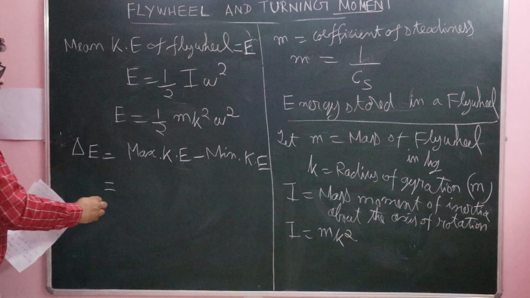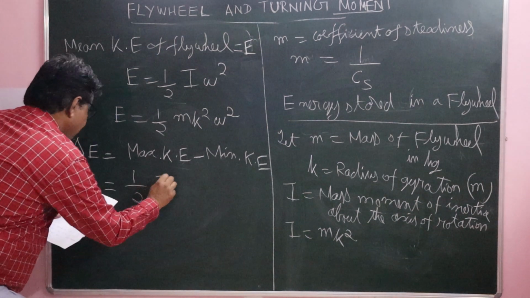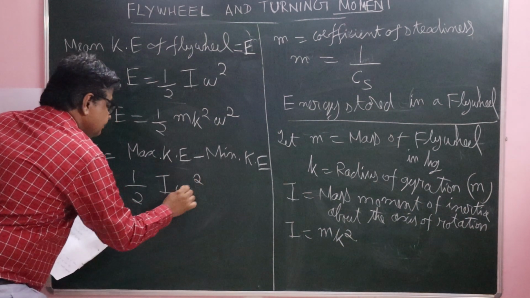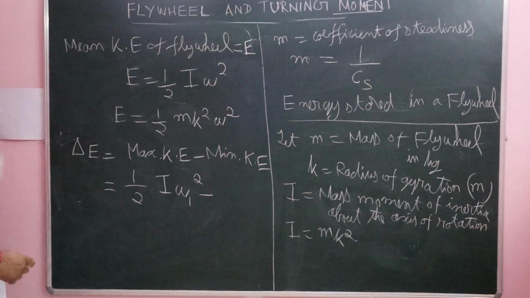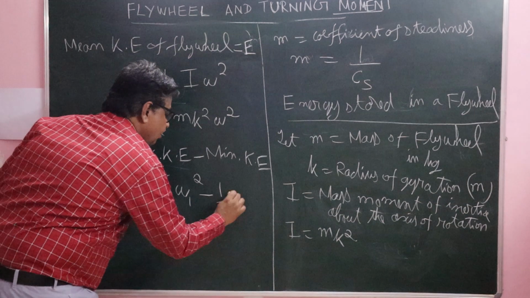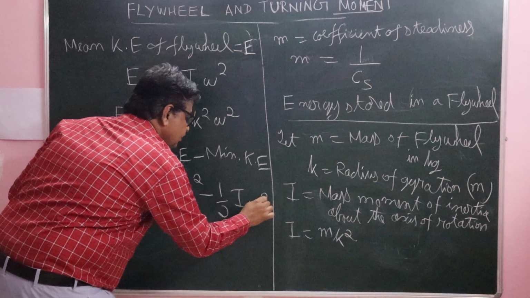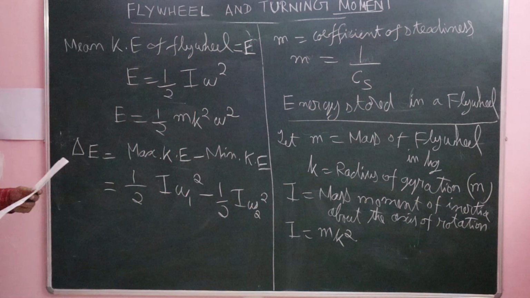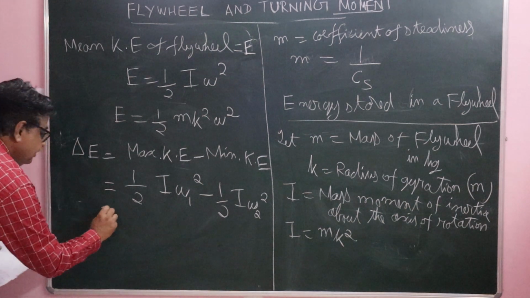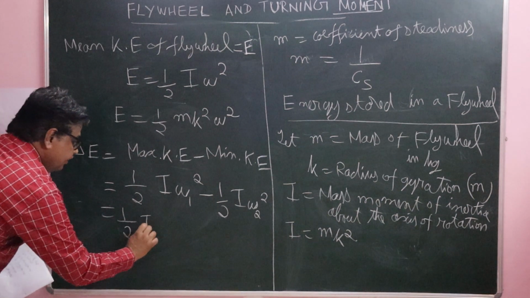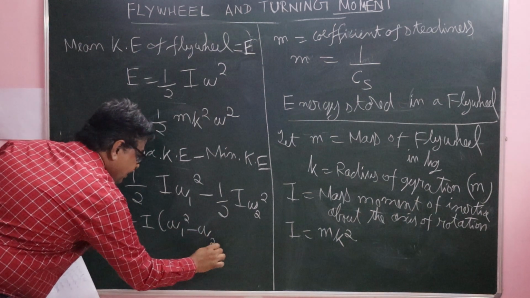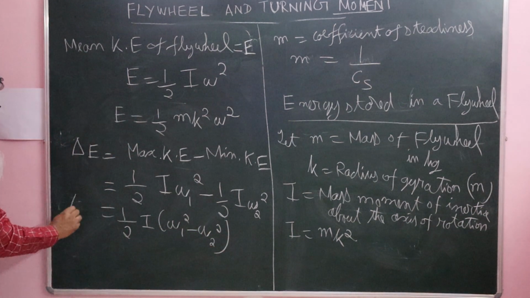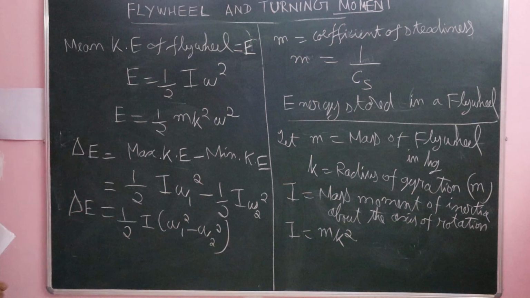Therefore, we can write half I omega 1 square, because kinetic energy is half I omega square, minus half I omega 2 square. So this is equal to half I into omega 1 square minus omega 2 square. This is the maximum fluctuation of energy delta E.